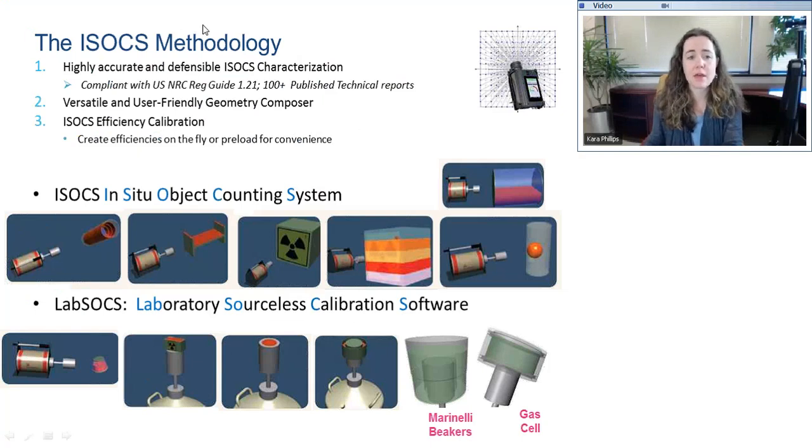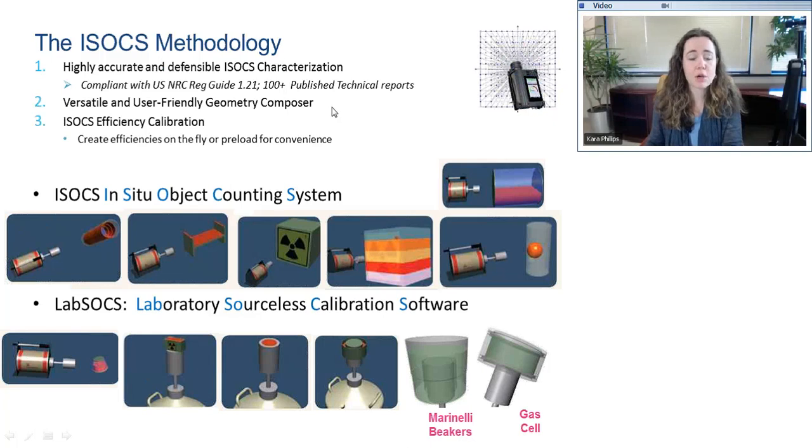The idea that we use a highly accurate and defensible ISOCS characterization, and that's why I have displayed this icon here over the right-hand side. For each SPIR-Ace model, the sodium iodide versus the lanthanum bromide, we actually develop an efficiency mapping at different energy levels at different distances from the device, so that we can use this in the following steps.